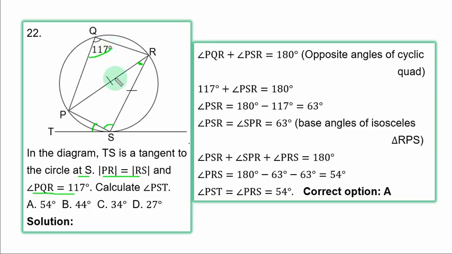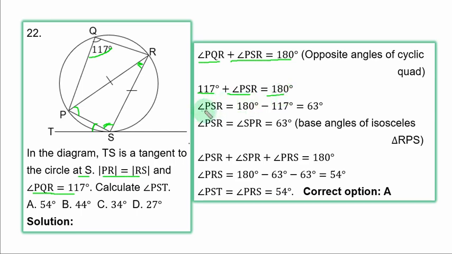So once you get this angle, by this marking, this angle here is equal to this angle, base angle, and you get this, which is equal to PST. Alright, so angle PQR plus angle PSR is equal to 180 degrees. So you have 117 degrees plus angle PSR is equal to 180 degrees.